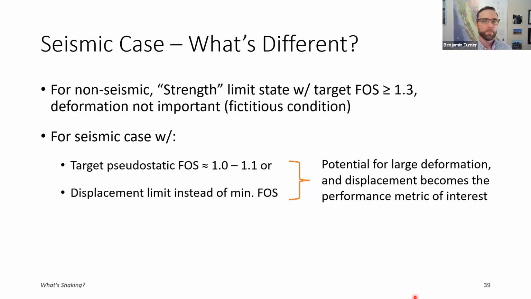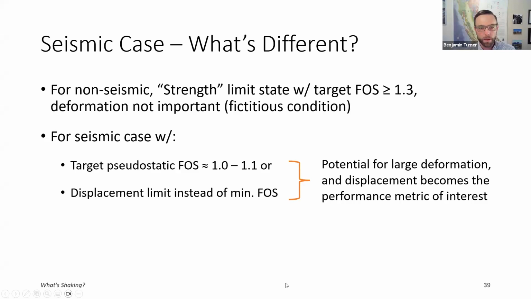But also because we're talking about what I've said here, a fictitious condition, which means because the resisting forces are larger than the driving forces, by definition, if our factor of safety is in this range, then we have satisfied the conditions of equilibrium. There shouldn't be any significant displacement in our slope. So the displacement is essentially not meaningful and not really of interest, and should be minimal or negligible in our slope anyway.